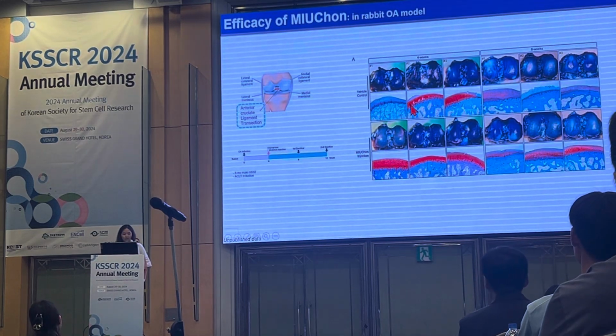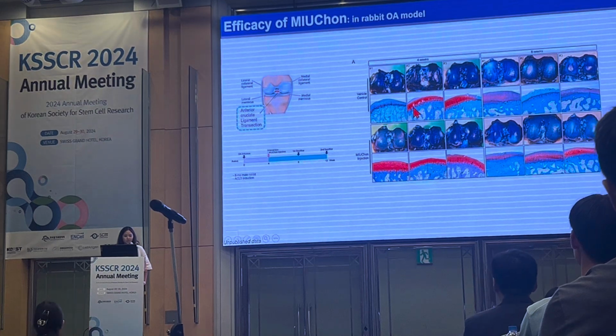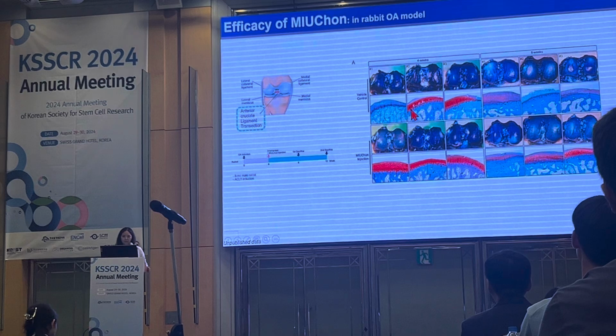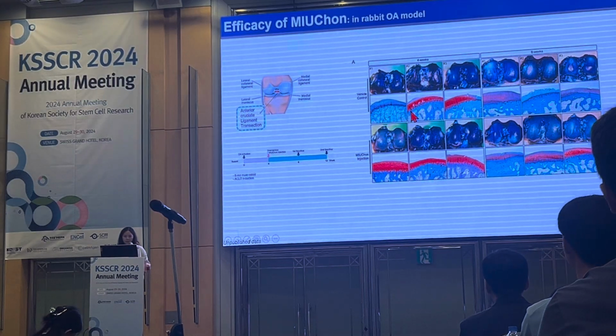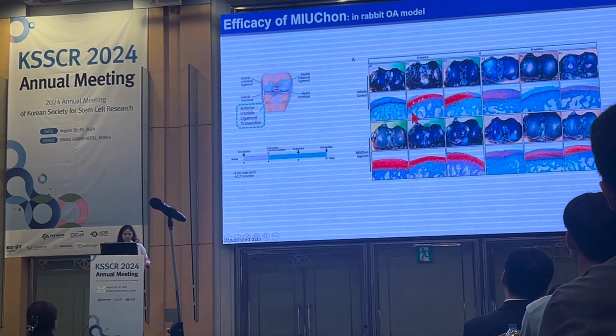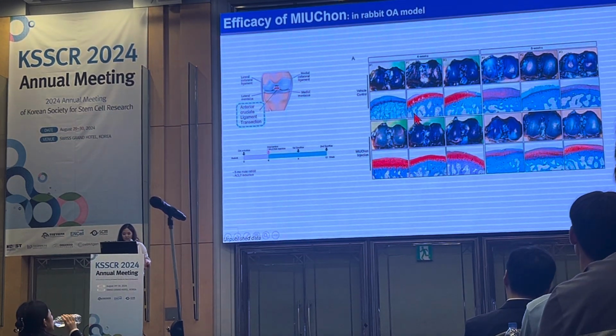So after confirming characteristics, it was important for us to confirm the efficacy of the MUCONs. So first, we tried to confirm them in rabbit OA models by generating rabbit models through ACLT, which is anterior cruciate ligament transection.